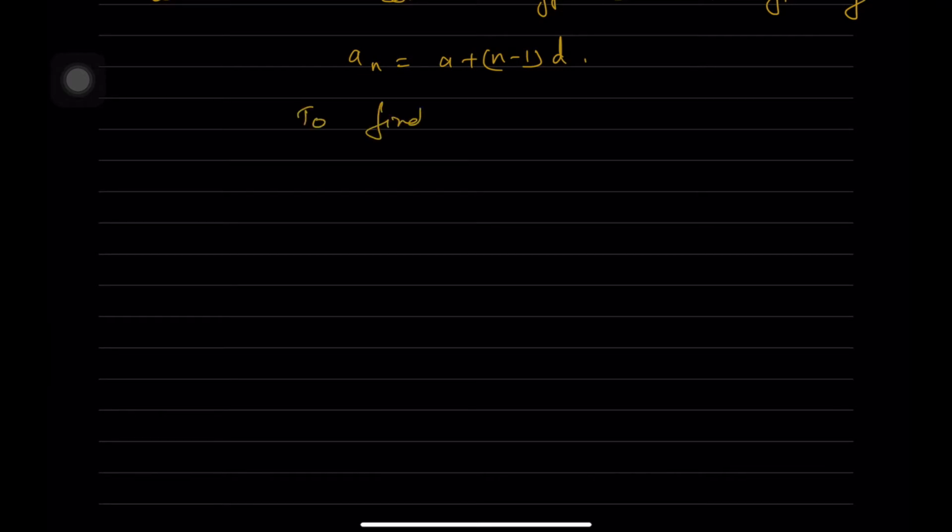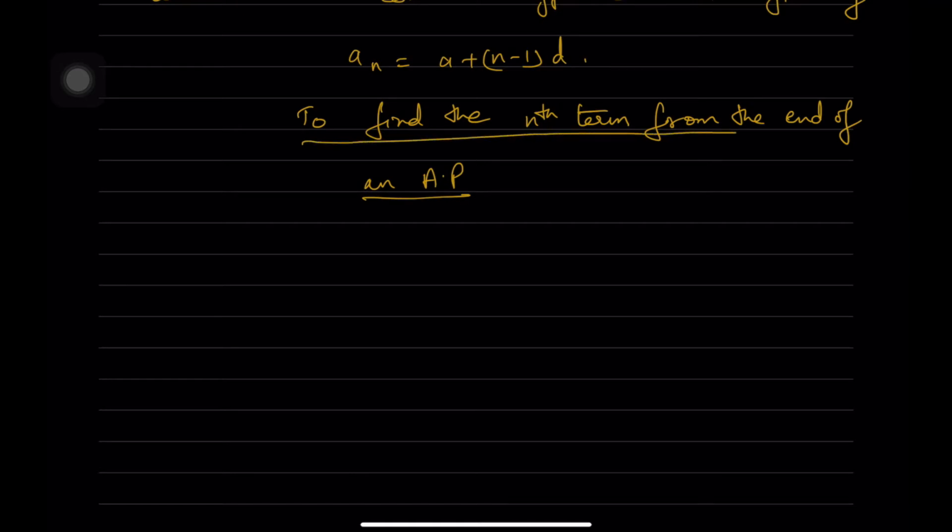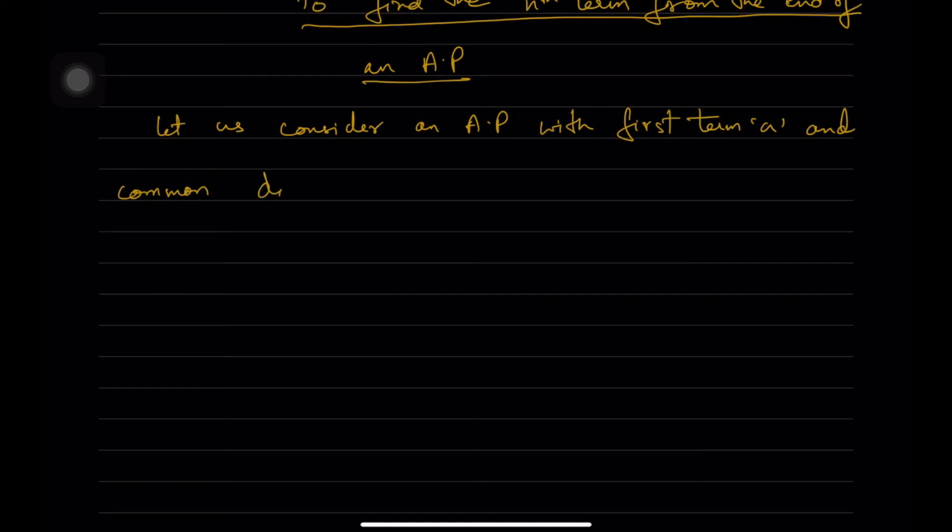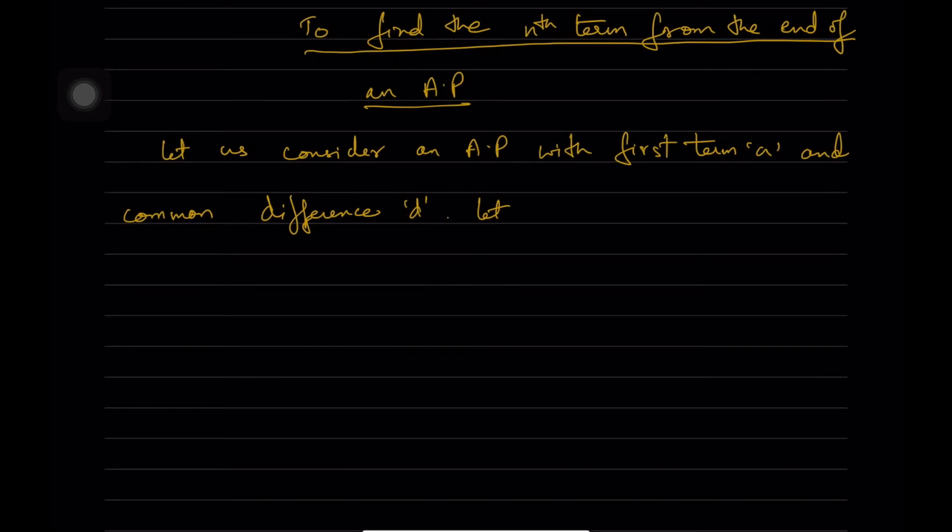To find the nth term from the end of an AP, let us consider an AP with first term a and common difference d.